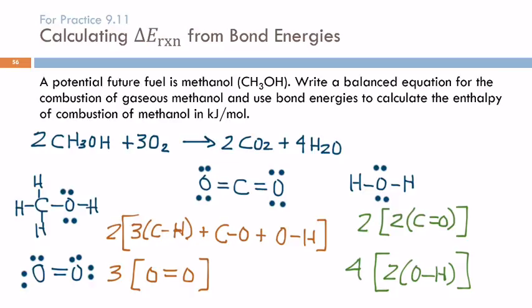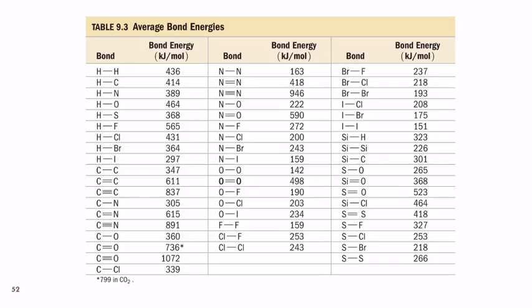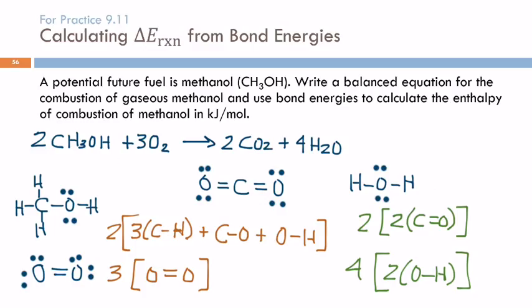Now I need to go look up the bond energies for these guys. So first I'm going to look up carbon-hydrogen single bond. Carbon-hydrogen single bond, 414.